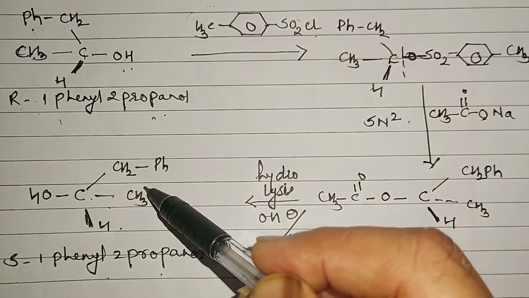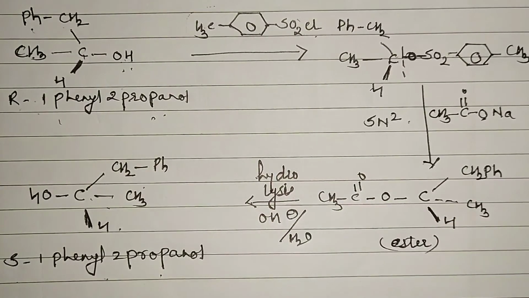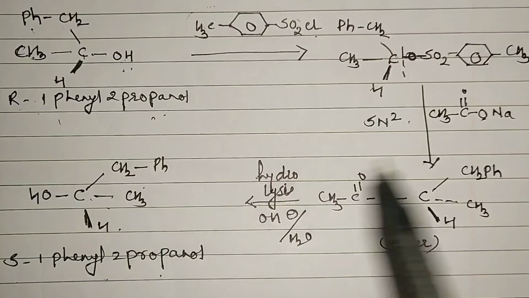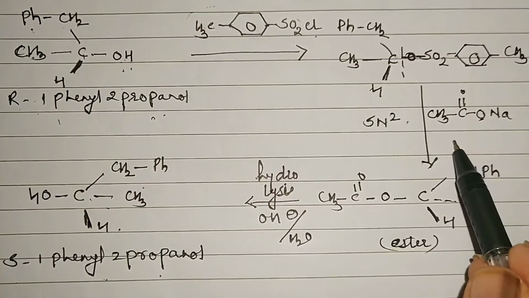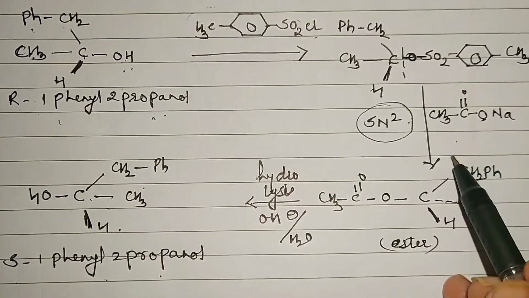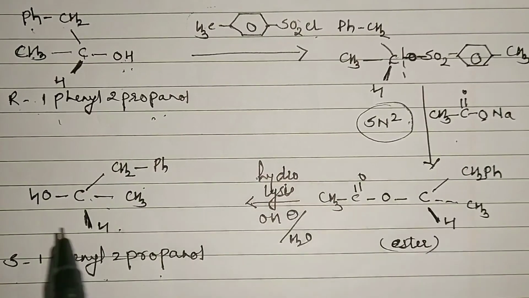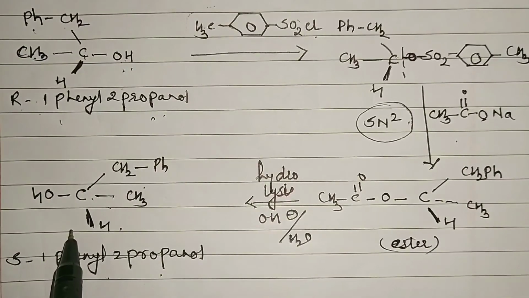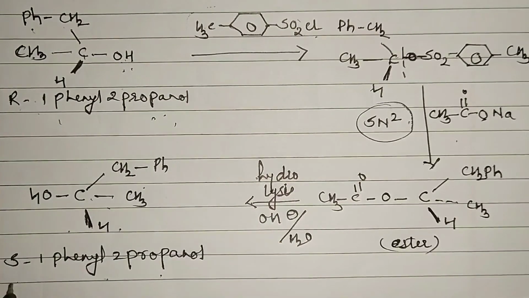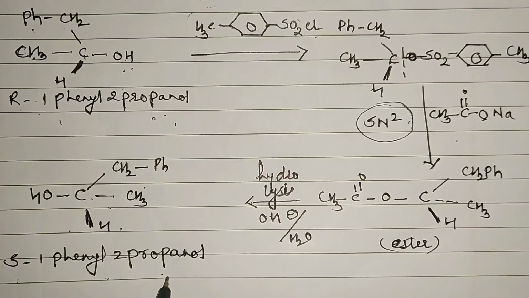That is, these two compounds are enantiomers of each other. In this series of reactions, there is an SN2 step, and in this SN2 reaction there is inversion of configuration, meaning R-1-phenyl-2-propanol is converted into S-1-phenyl-2-propanol.